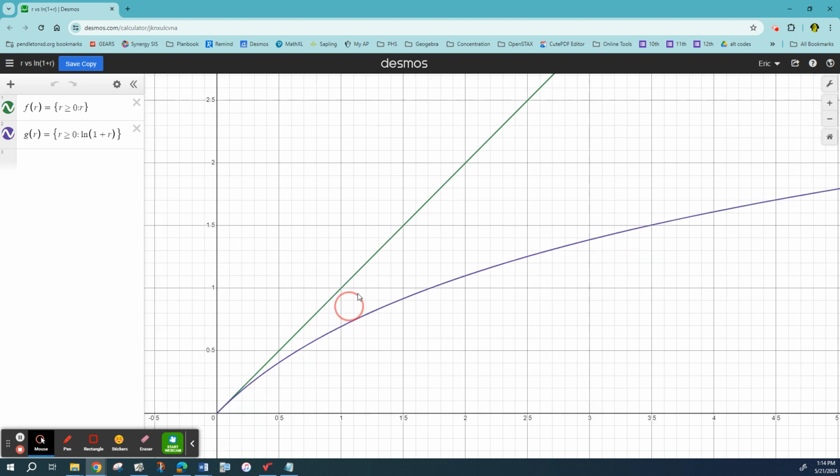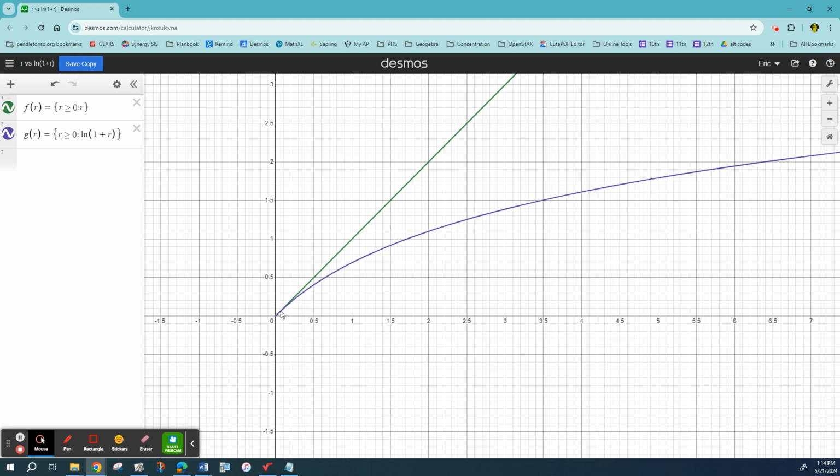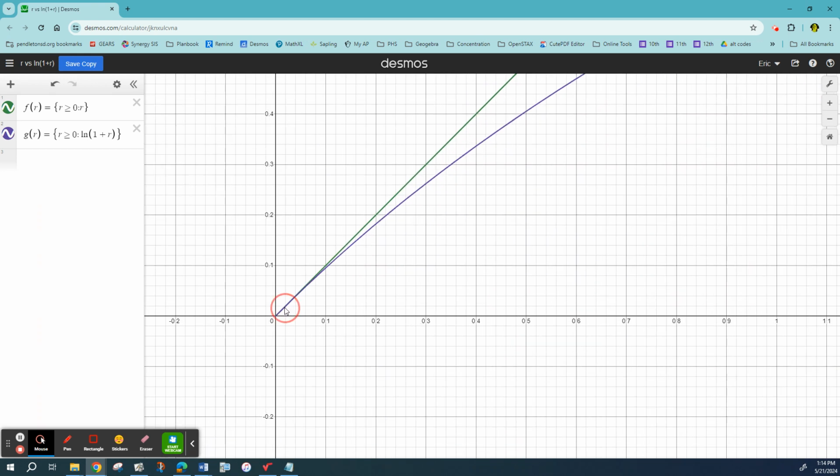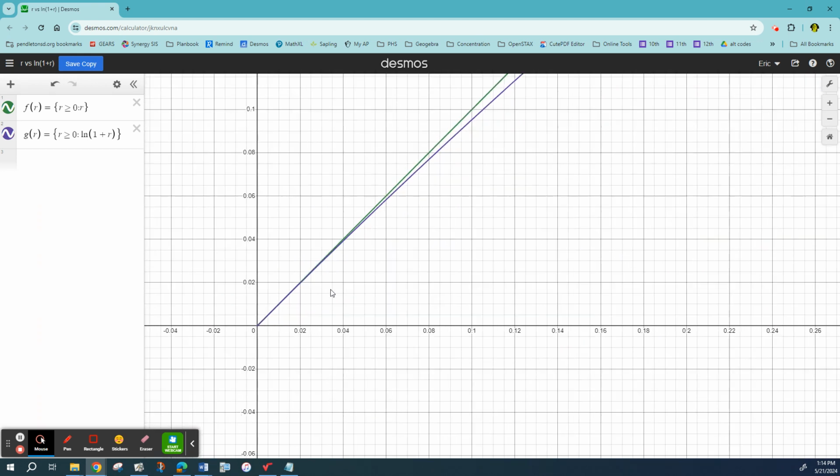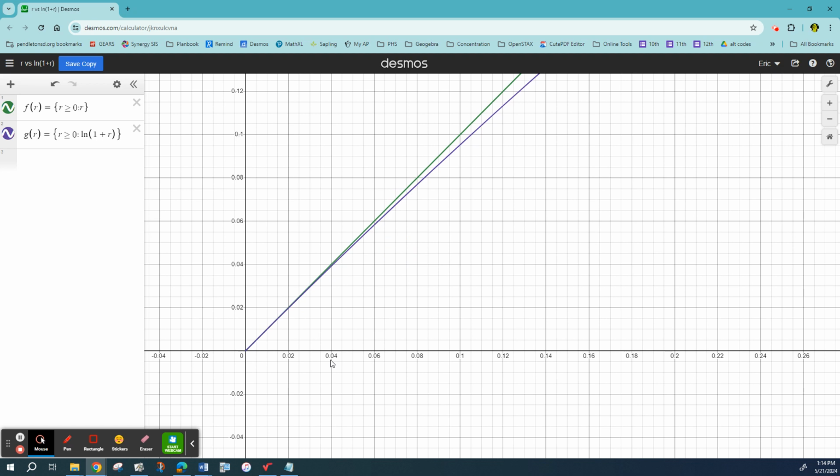They don't seem at all similar unless I focus on very small values of R. If I look at small values of R, they're pretty close, aren't they? And how small are these values? Well, they're not that small. A growth rate of 0.02 means 2%, right? For a 2% growth rate, R and the natural log of 1 plus R, so k, are very close.